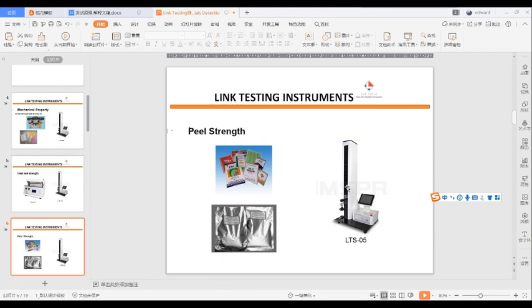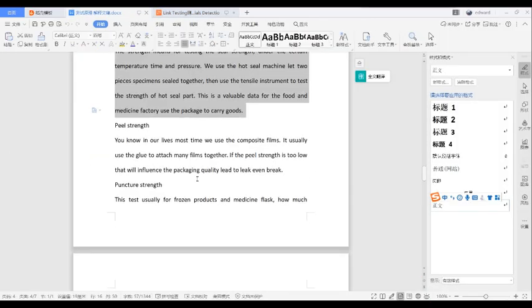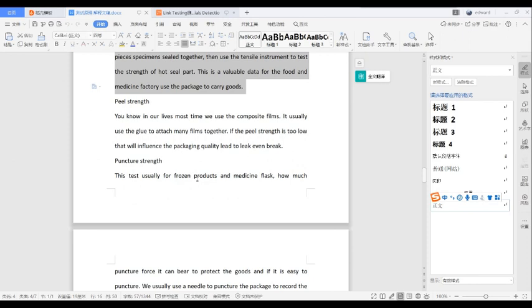Okay, this is the peel strength. Usually for the food, medicine, and daily chemicals, it's carried by the packaging. This packaging is made by films, but it's not one layer of film.